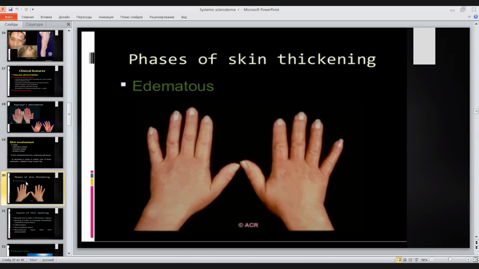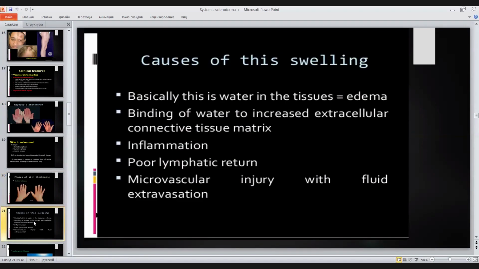And now, what about edema of systemic scleroderma? Edema in a systemic scleroderma patient mainly affects the fingers, called sausage fingers, and this edema is due to poor lymphatic return. Why?